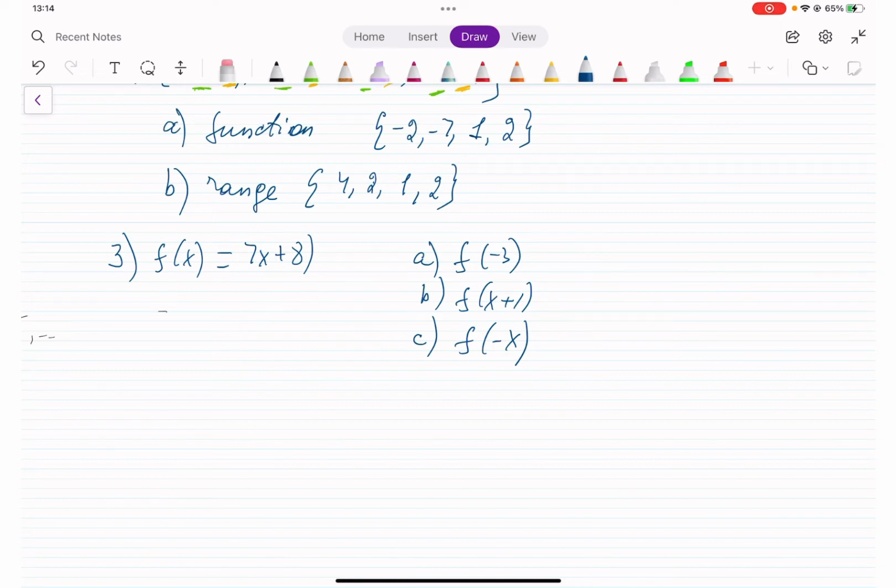Okay, let's do it. So let's do case a, f of negative 3 equals 7x plus 8. So instead of x, we are plugging in negative 3. So it equals 7 times negative 3 plus 8.